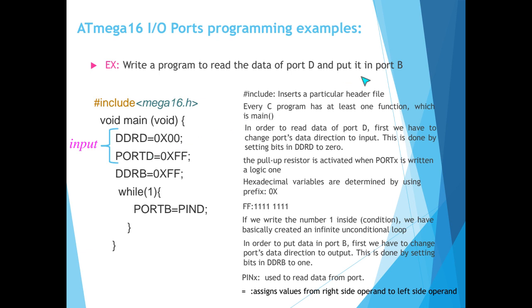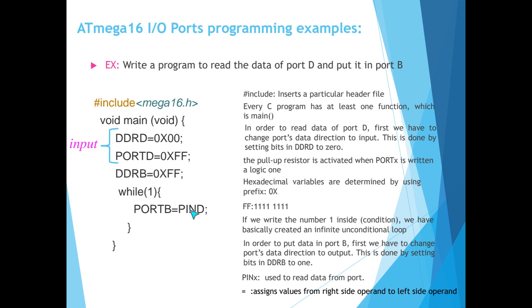Then because we want to put the data in port B, we need to configure it as output, and to do that, we should write logic 1 for all the bits, and we wrote it by using a hexadecimal number, and we said that double F means 8 ones. And then for reading data from port B, we need to use a pin register.